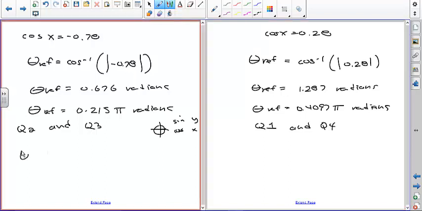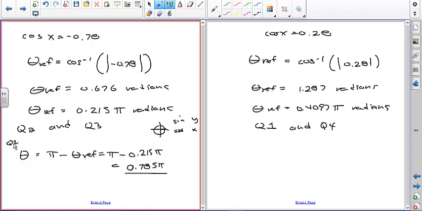Here our two solutions are going to be: my second quadrant solution is pi minus the reference angle. So you get pi minus 0.215 pi, which is 1 minus 0.215, so you get 0.785 pi.